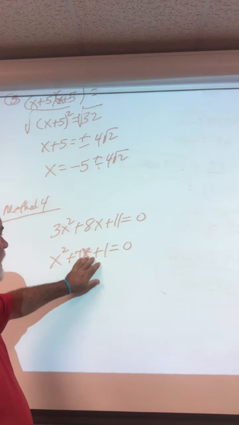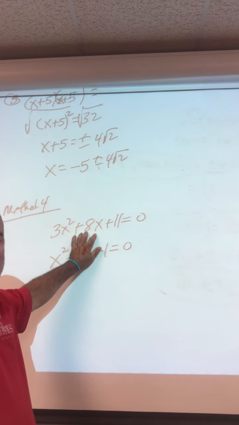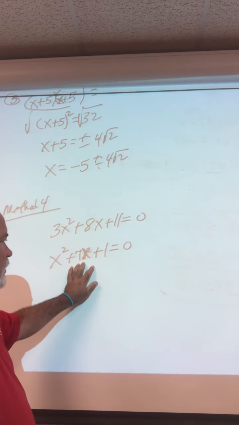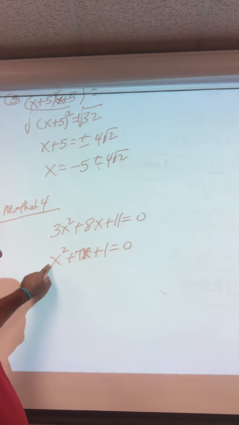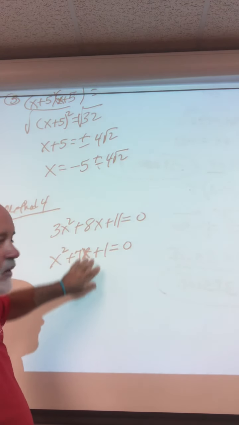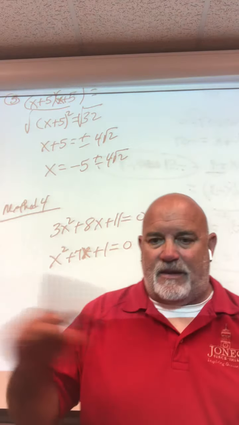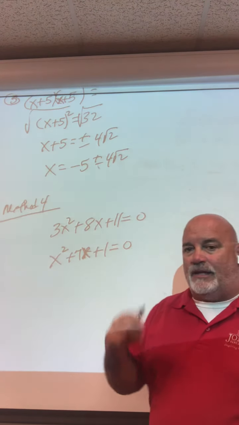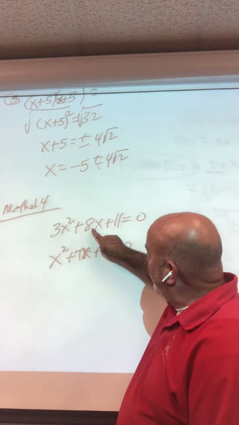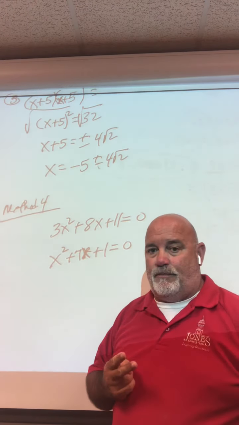These two problems right here, if you tried to factor them by the Brew method, factoring won't work. This one won't factor. This is the easy case: 2 factors of 1 that add to give you 7. So neither one of these will factor. The first method's out. Next, you can't use the square root property on either one of these because they both have a middle term.